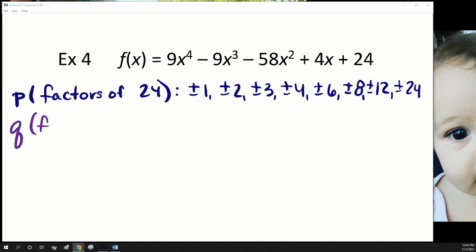Right, and then Q is going to be the factors of 9. And there's several of those.